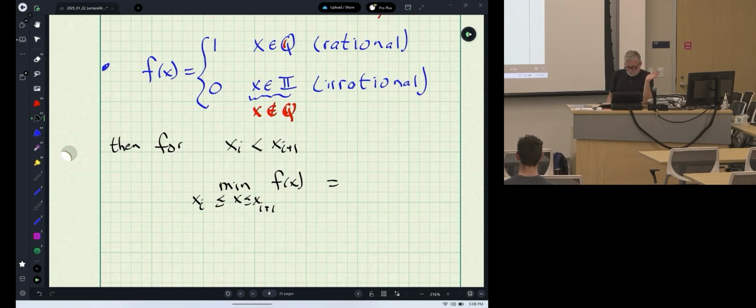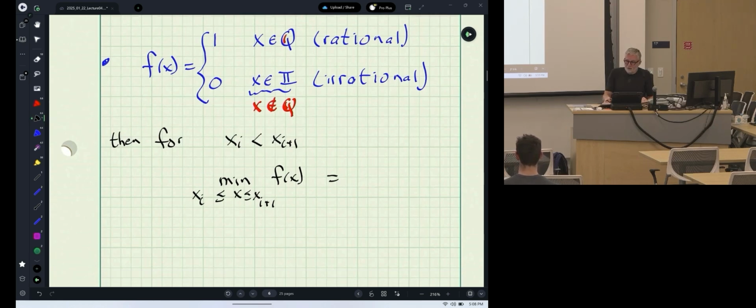And we've got two numbers. Xi is square root of 2 and xi plus 1 is, I don't know, pi over 2. Maybe I better make that square root of 2 over 2 to make sure I don't have an empty interval, okay?